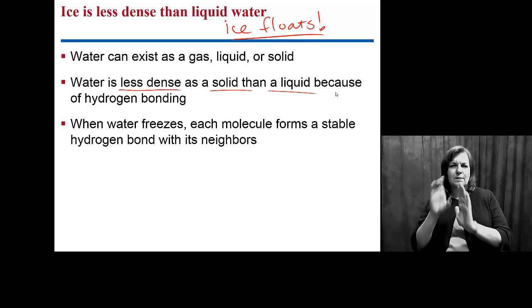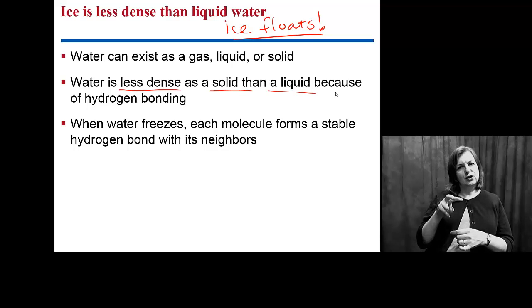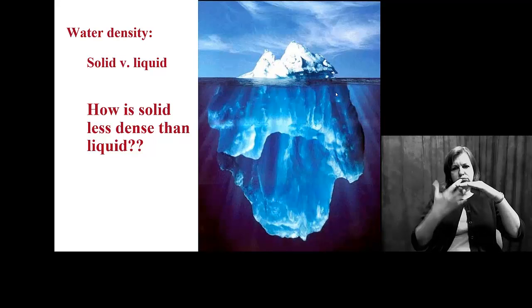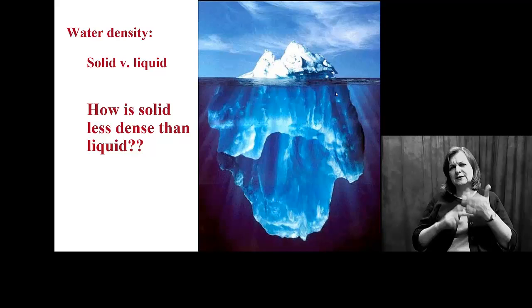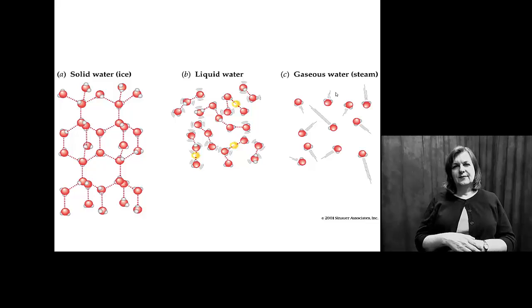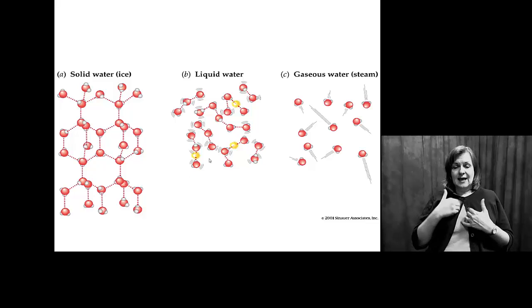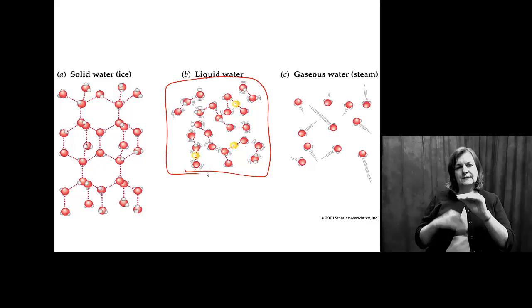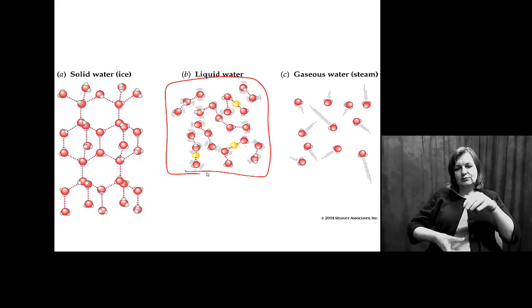And I'm going to show you a diagram that shows you why this is. But when we look at the fact that ice floats, we have to think about what that means for the molecular structure. And what that means is, as liquid water, we've got a lot of movement of these atoms, right? A lot of movement of these water molecules around.